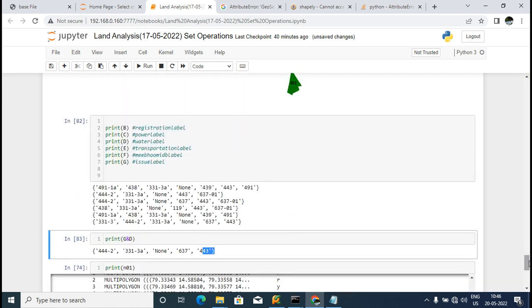Suppose water is not available. See, water and power. If water and power are available, then that land is able to be cultivated.